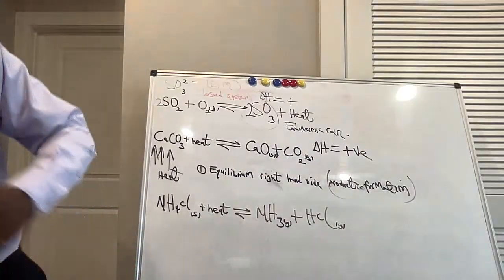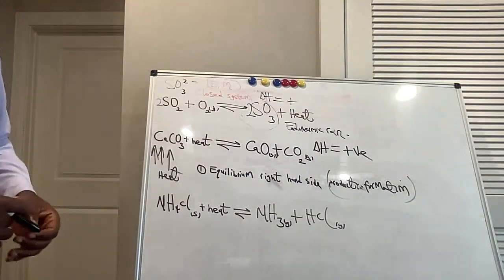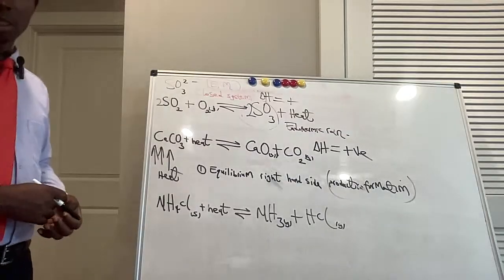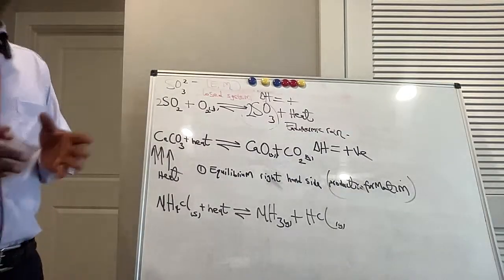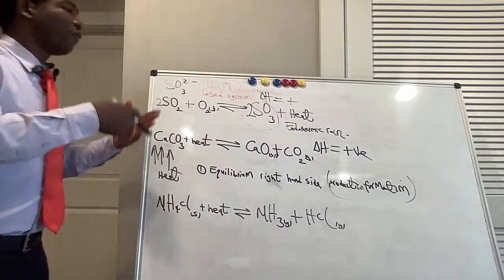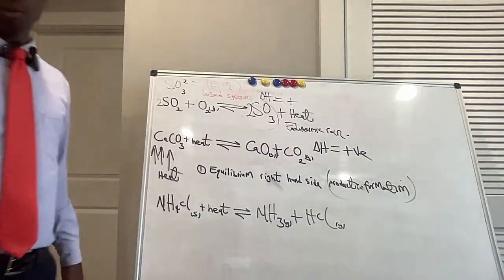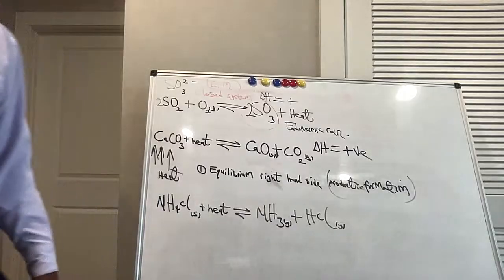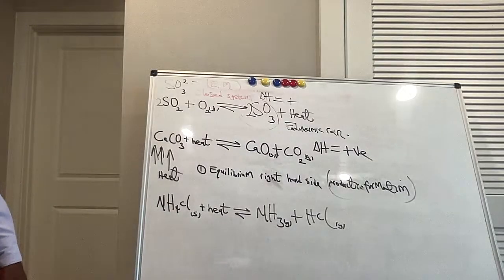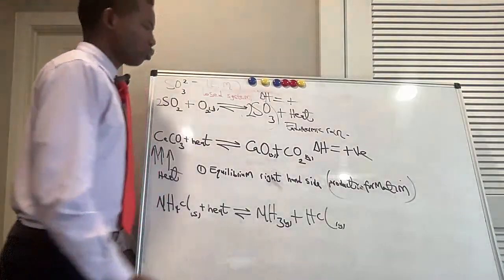But in an endothermic reaction, if you increase the temperature, equilibrium shifts to the right hand side, therefore favoring the formation of product.